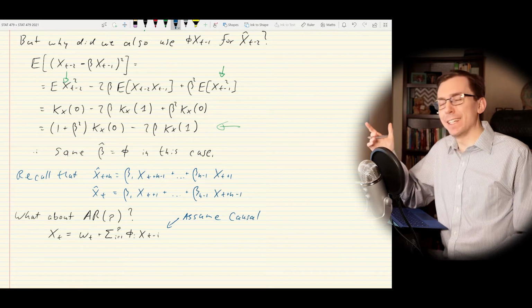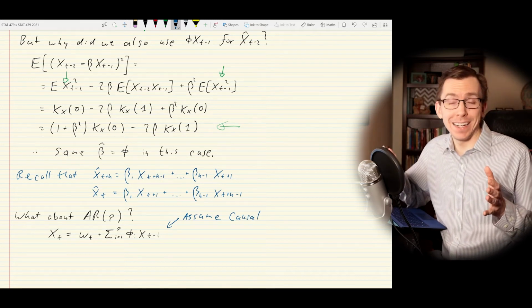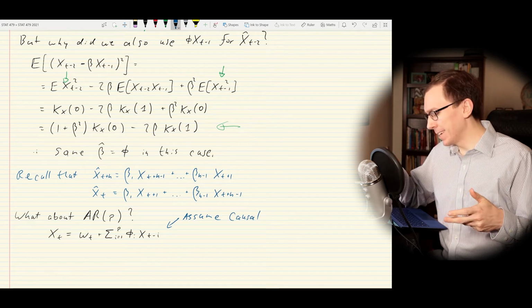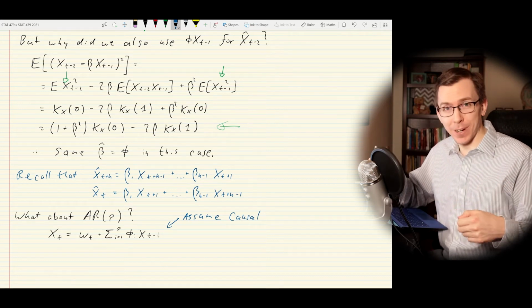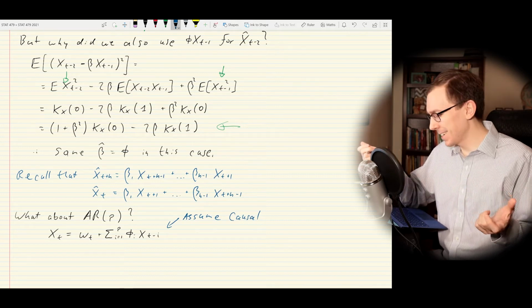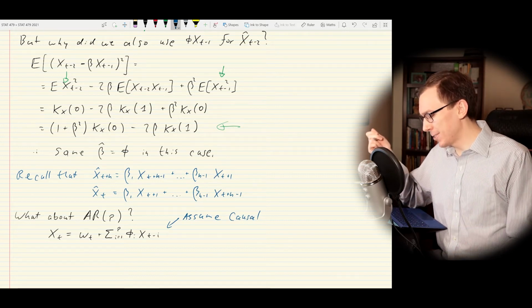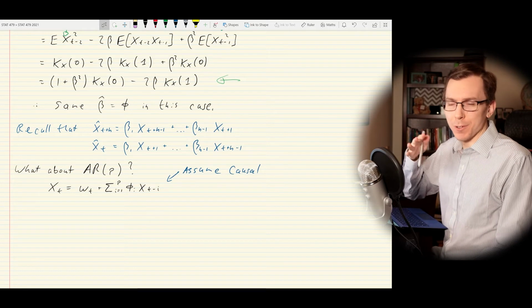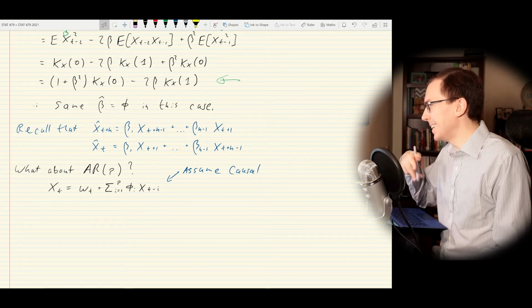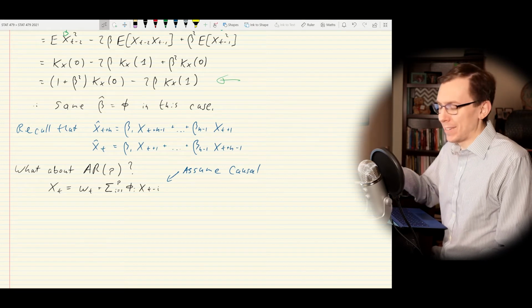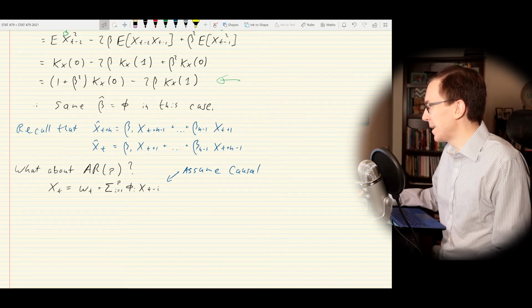So again, I don't have a nice expression for what the phi's should be to ensure causality. We just need to make sure that the corresponding autoregressive polynomial has roots that lie outside the unit disk. And that gets me my nice causal AR(p) process. So whatever the phi are, we're just going to assume they were chosen in a nice way to be causal, so that we'll have a stationary process and everything kind of makes sense.